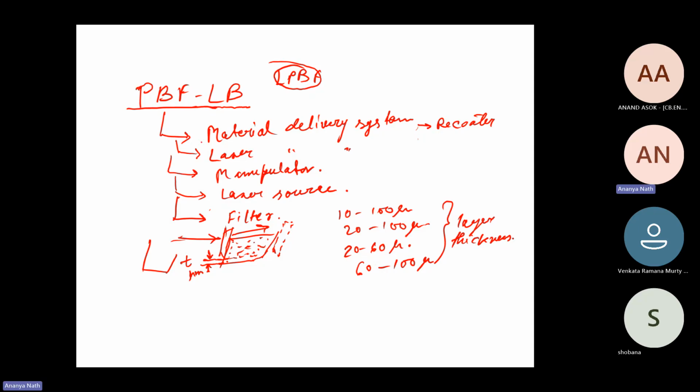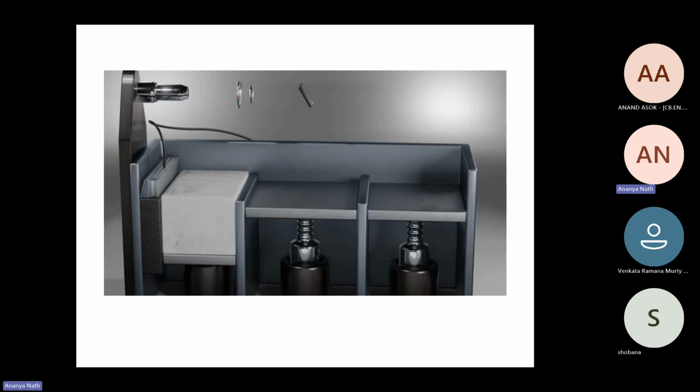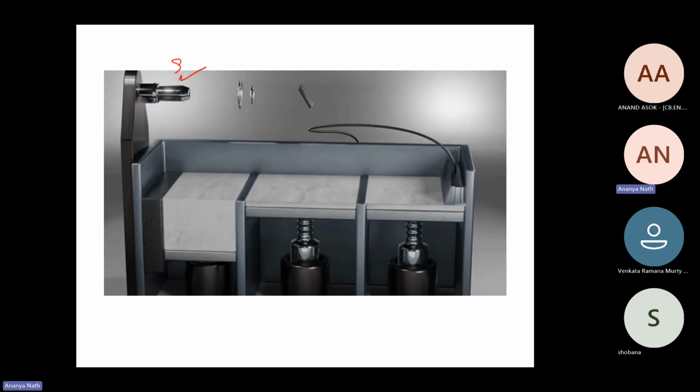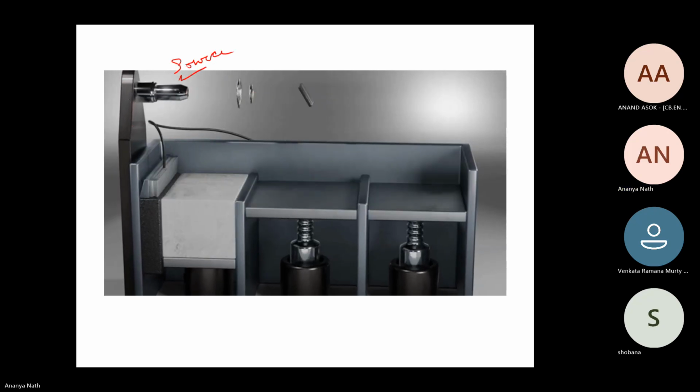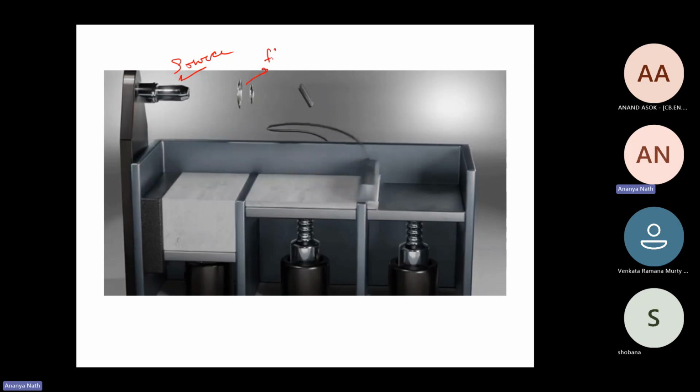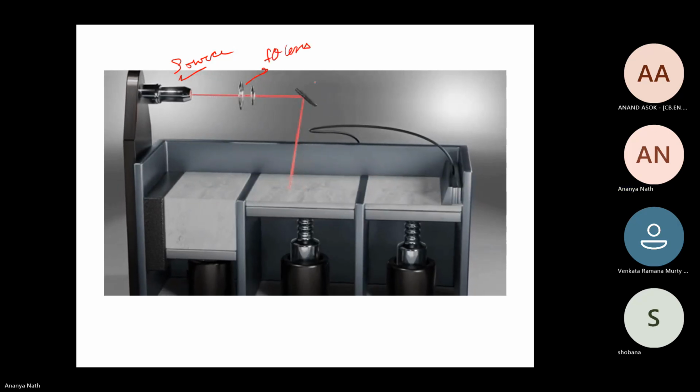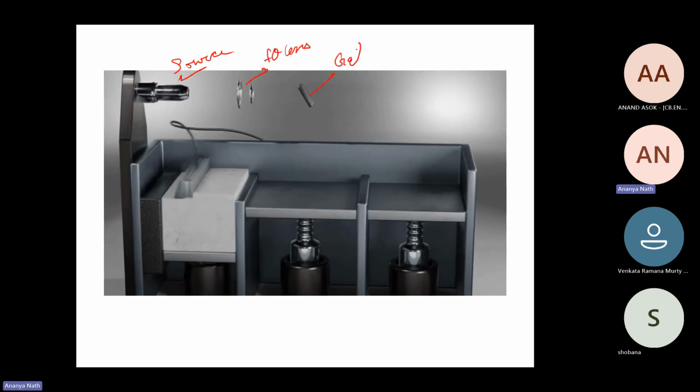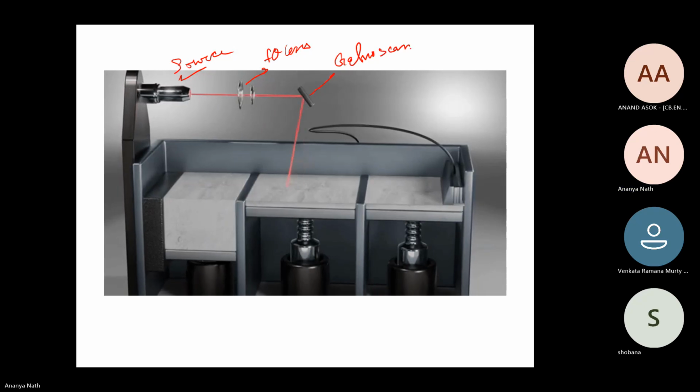So then our material delivery system is done. Then we have the laser delivery system. In this video, it's shown that this is the source. This is the F theta lens, and this is the galvo scanner.